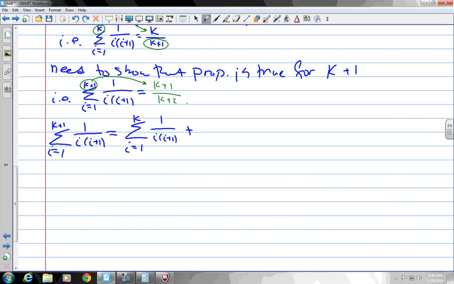So if I plug k plus 1 for every i, I'll get 1 over k plus 1, k plus 2. Do you agree with that?